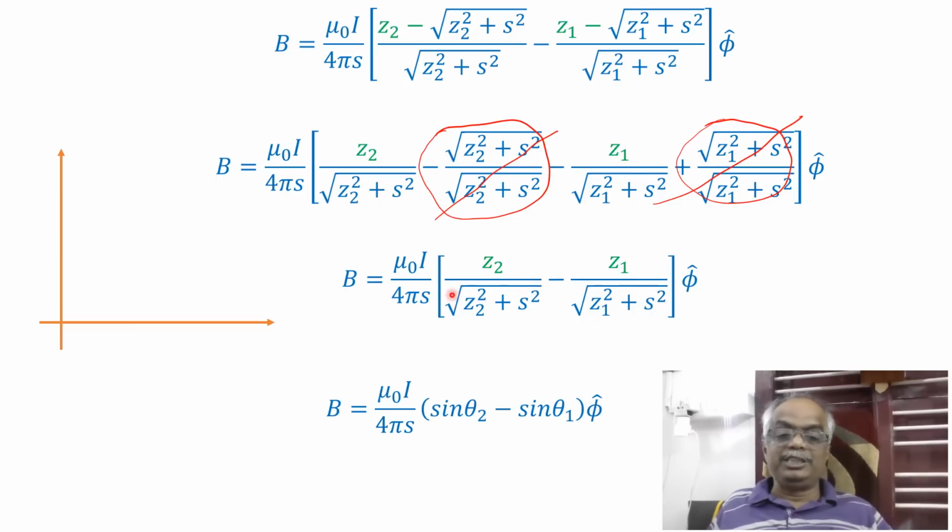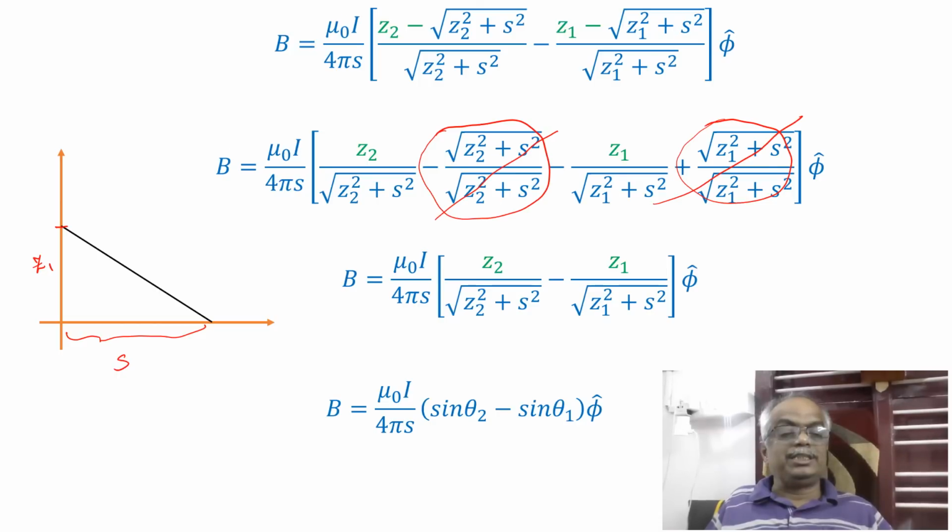Now we will see what is this first term and second term. First you take this distance. We have seen this distance is S, and this is Z1. This distance is Z1.